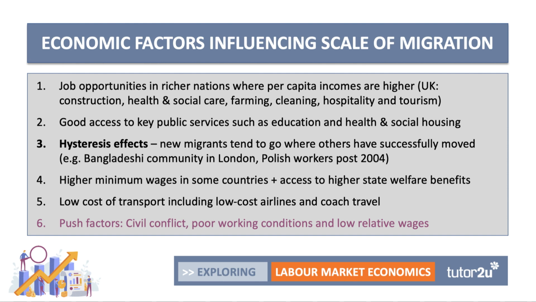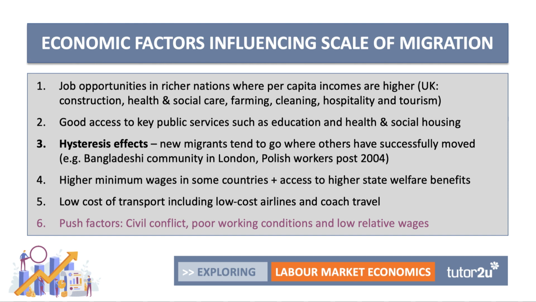Union. Migrants may be attracted in a pull sense by good access to key public services, state education, housing, social housing and healthcare. And there's often something called the hysteresis effect, which is where the long-term path of migration is influenced by the success or otherwise of previous generations who have come in.